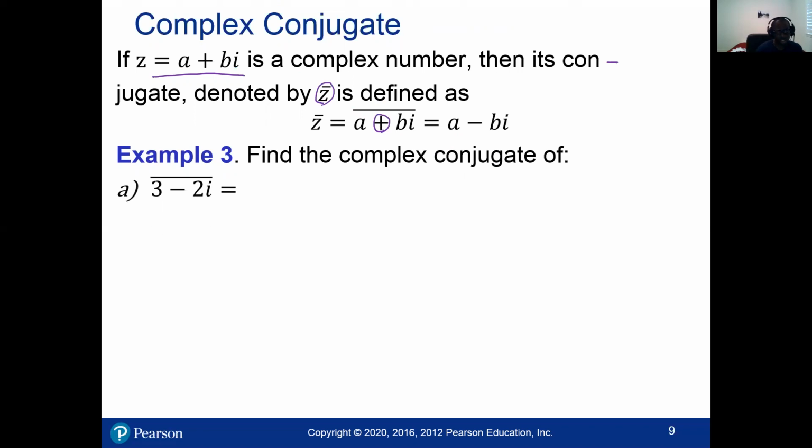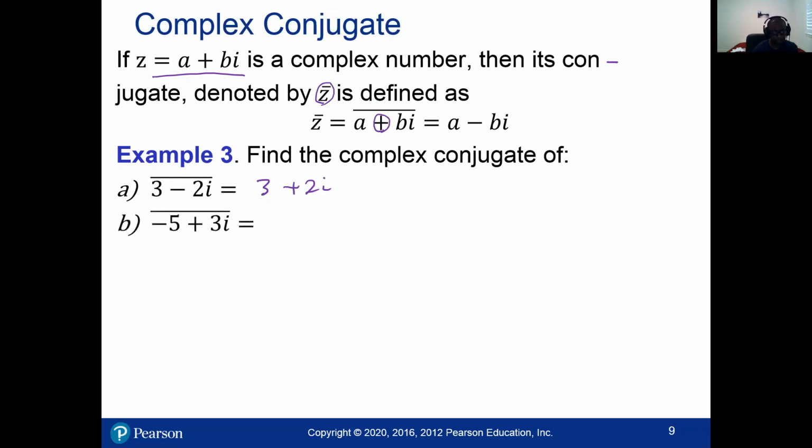Okay, so let's take an example. What is the conjugate of 3 minus 2i? The sign between them changes, the imaginary side is where it affects it, and it becomes plus. So that is the conjugate.